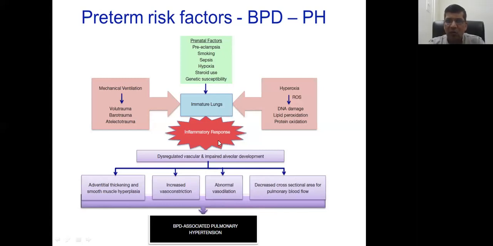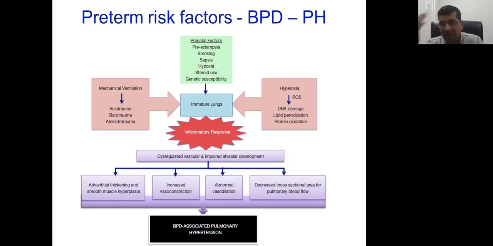This inflammatory response has a dysregulation, leading to issues related to the muscle, the vessel, the blood flow, and ultimately leads to pulmonary hypertension. So this is a big problem coming out, where you have level 3 units managing a lot of babies less than 30 weekers, and a lot of these babies have preterm BPD pulmonary hypertension.